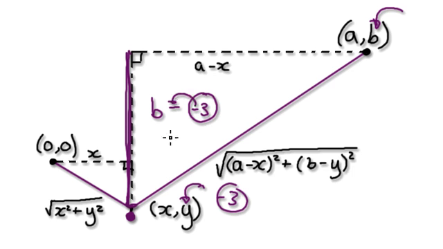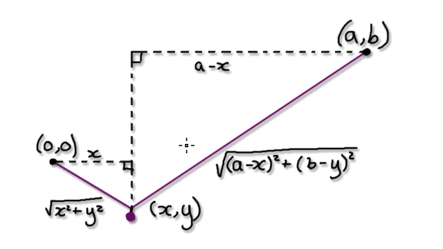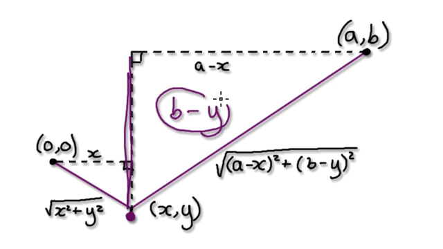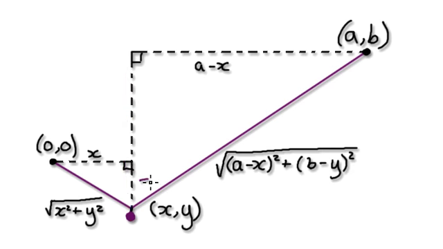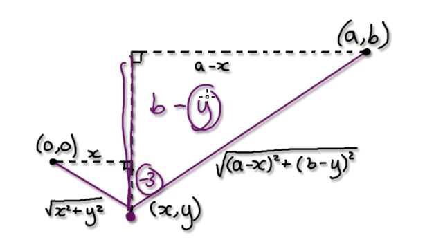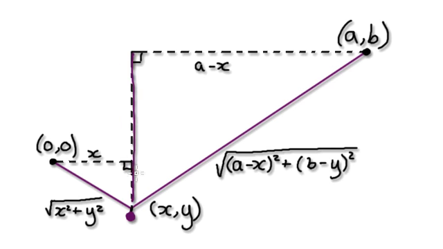So you would then take this out, and then it will be b plus 3. So this total length here would be b minus y. Just imagine this length here is negative 3, then this whole length here would be b take away y. In this case, y is negative 3, but it's definitely a negative here. So this whole length here will be b minus y.